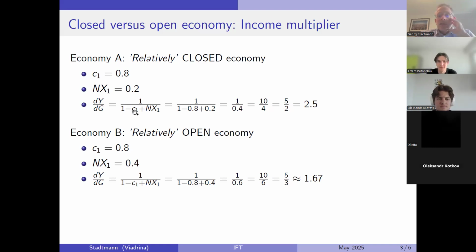Of course, it depends on C1 also, but here we normalized C1 equal to 0.8, so the same in the two scenarios, but then we made one economy more open. So we have a larger leakage. When the construction worker has more money in the pockets, in situation B, more money goes to Poland, and therefore a smaller multiplier in scenario B. Does that make sense? Hopefully.